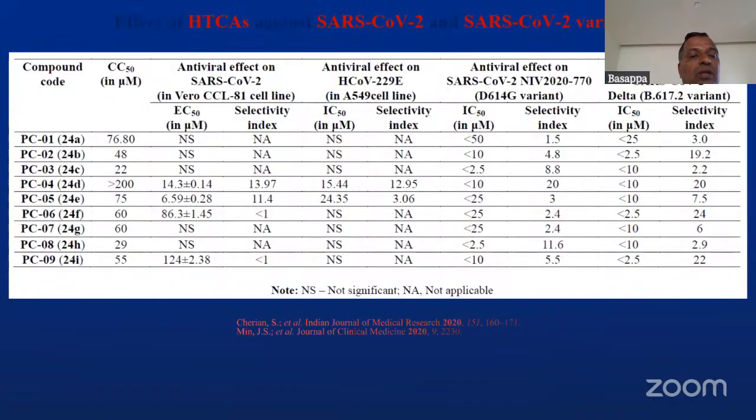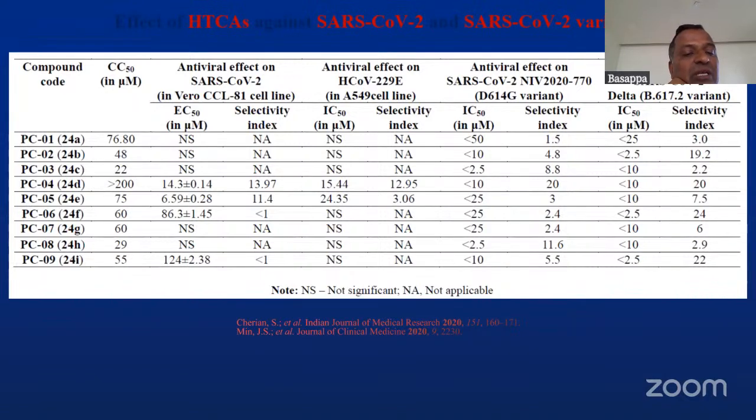So coming to the table where we obtained this data from NIV, we could see these compounds' antiviral effect on SARS-CoV-2 in Vero CCL81 cell line, that is the host cell which they used.